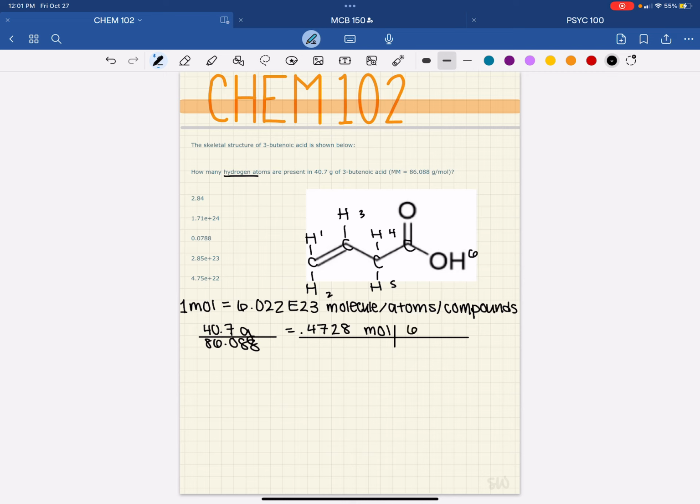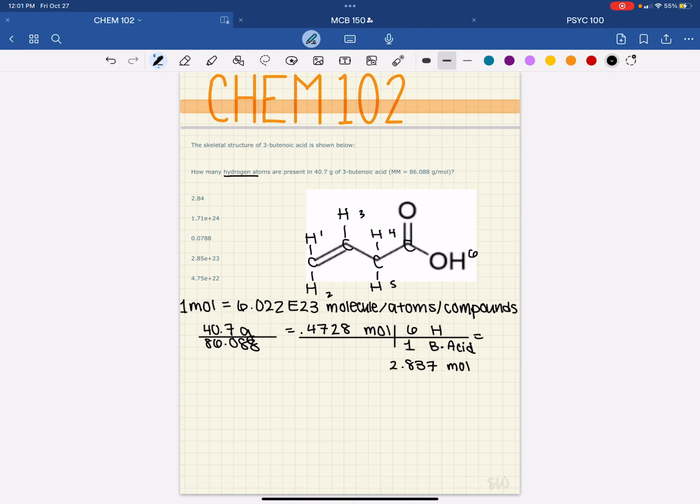So I'm going to multiply by 6 hydrogen per 1 butanoic acid, which is going to equal 2.837 moles.